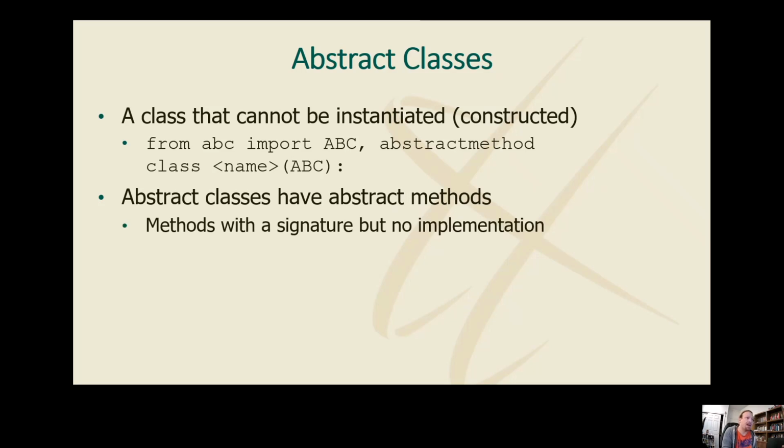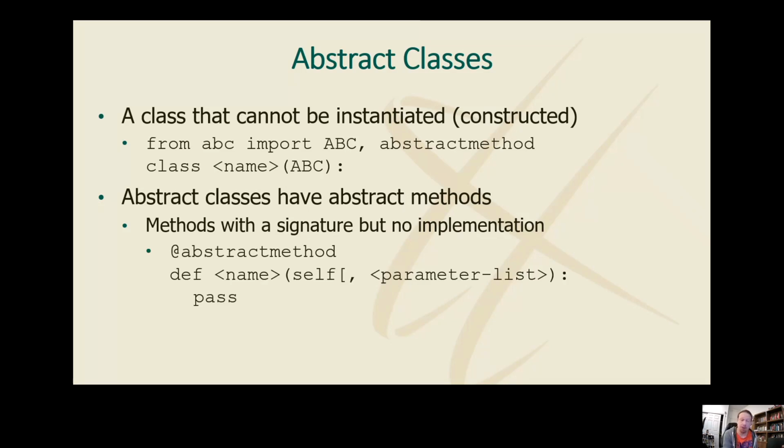Define things that we can. And then we get to an abstract method. And these are methods with a signature but no implementation. So the signature is the name and the parameter list. In other languages like Java, it would also include things like return type. Python does not specify return type, so that's not part of our method signature here.